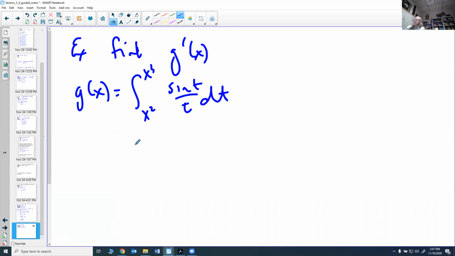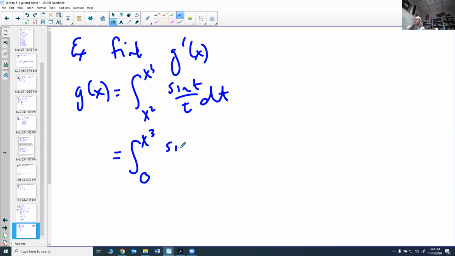Well, this is a little bit harder one to work with. We got to think about this a little bit. To use the fundamental theorem of calculus, we need to have a constant down here, and I don't have a constant. But remember, I can make a constant. There's a nice little property of integrals that allows me to make any constant I want. I'll call it 0.